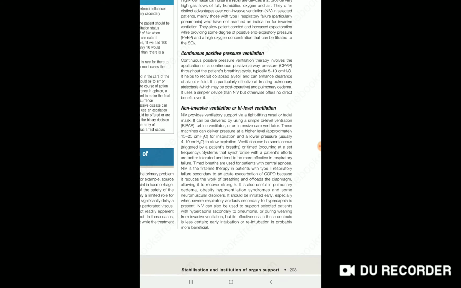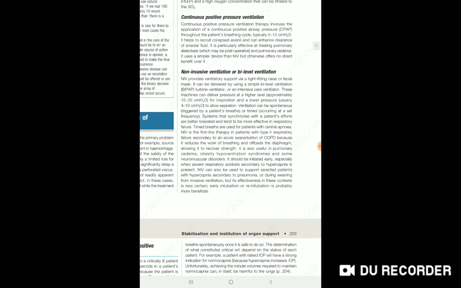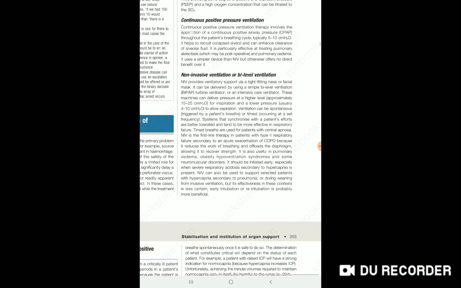In these phases, it is commonly given in respiratory failure, usually type 2 respiratory failure, and also pulmonary edema, obesity hypoventilation syndrome, and some cases of neuromuscular disorder. And if needed, we can transfer the patient to the ICU for invasive ventilation.